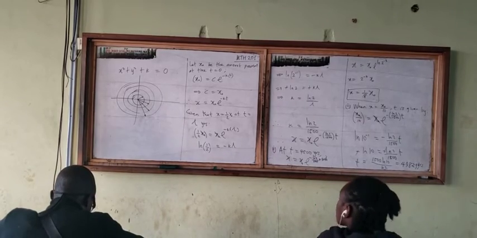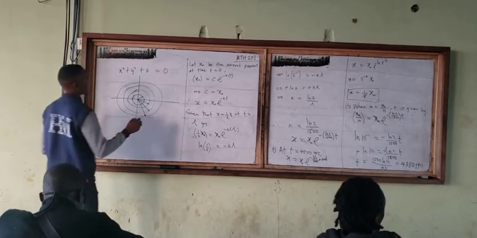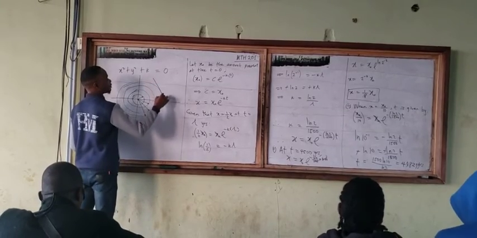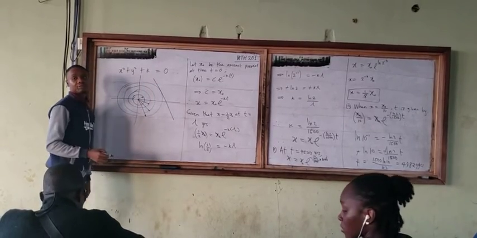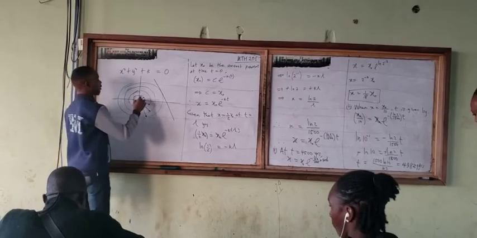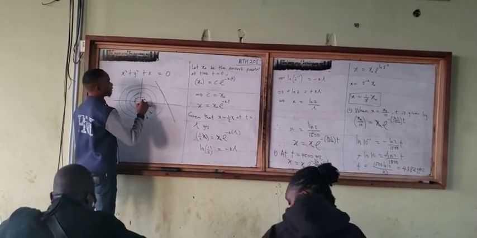So if I draw a tangent to this circle at this point, I can get a line that is perpendicular to that circle.